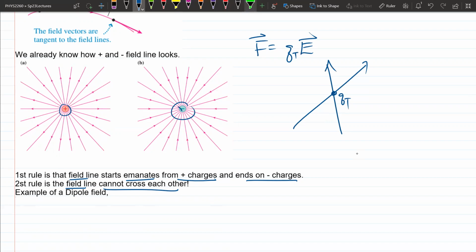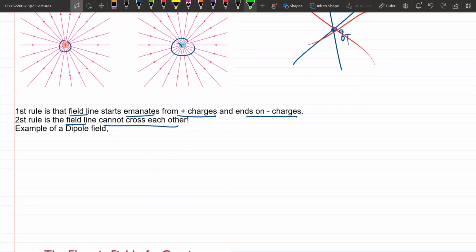That doesn't make any sense. You should never have an electric field line that points at a single point in two different directions. So this should never happen. That's bad if you did that.